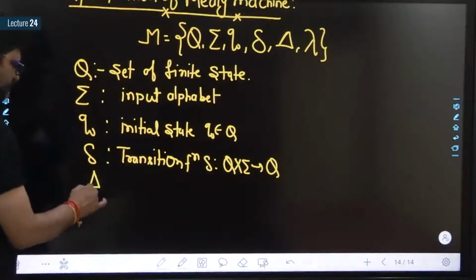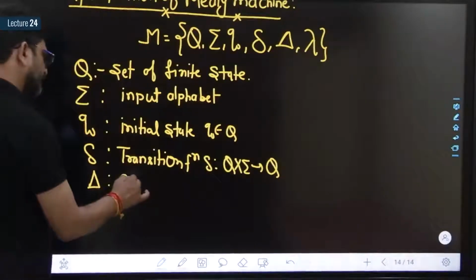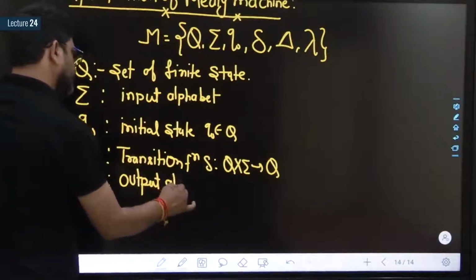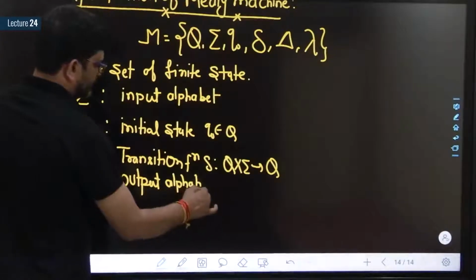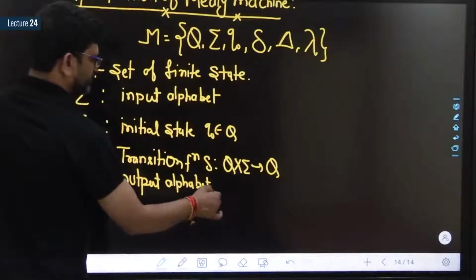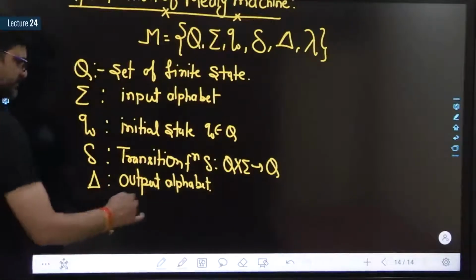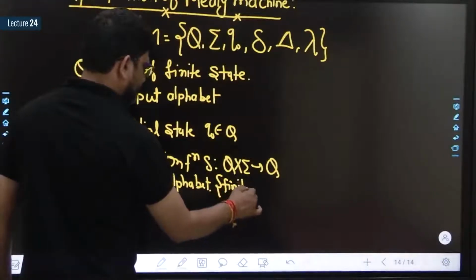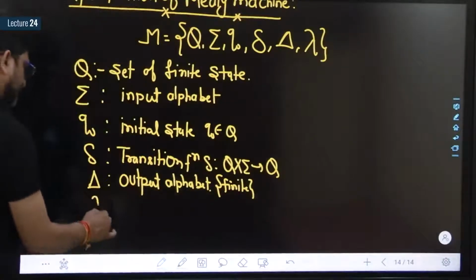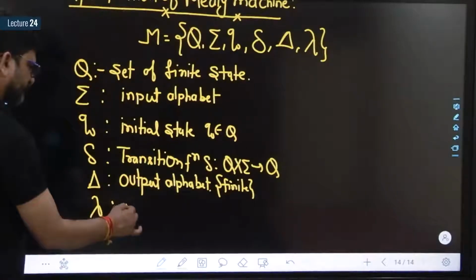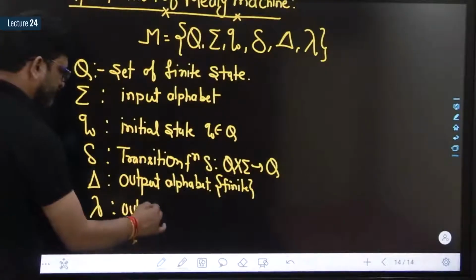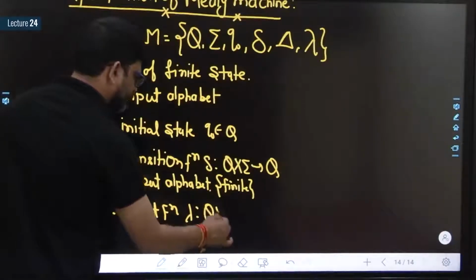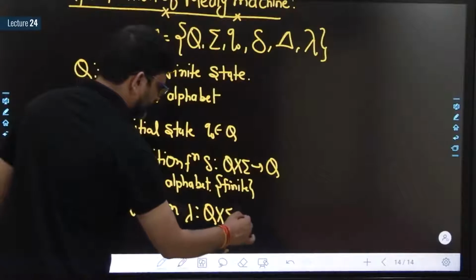Next is output alphabet, that is finite. Lambda is the output function. Lambda depends on the state Q and input symbol.